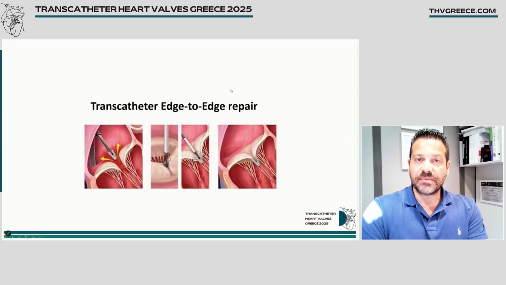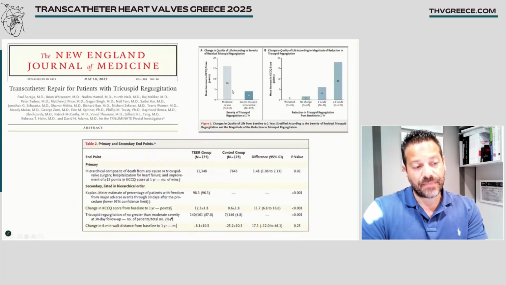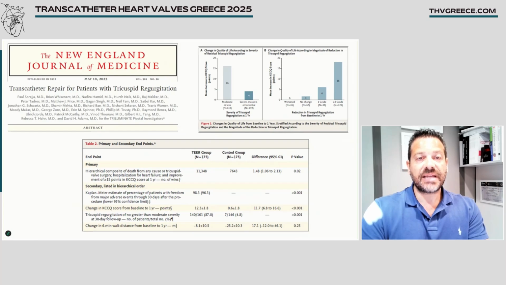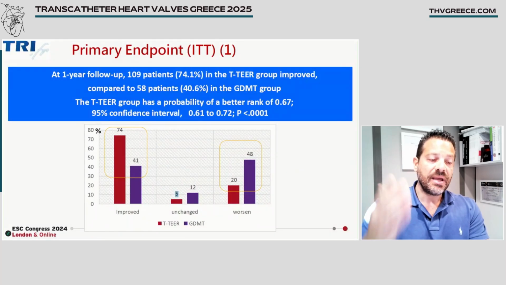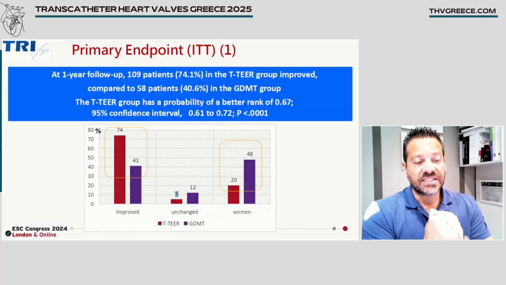Edge-to-edge repair is the most common method, again, like the mitral valve. We know that it is effective, it is a safe method, it can improve the quality of life of the patient, and it can lead to fewer hospitalizations and better survival.